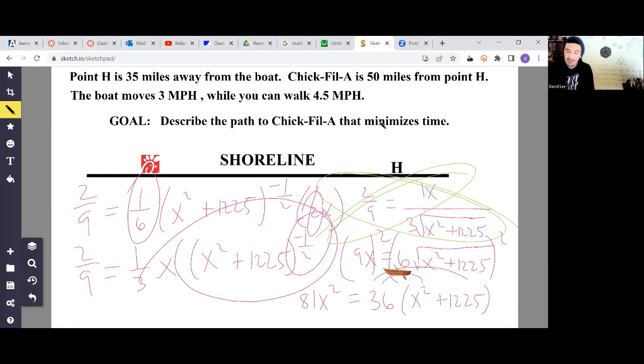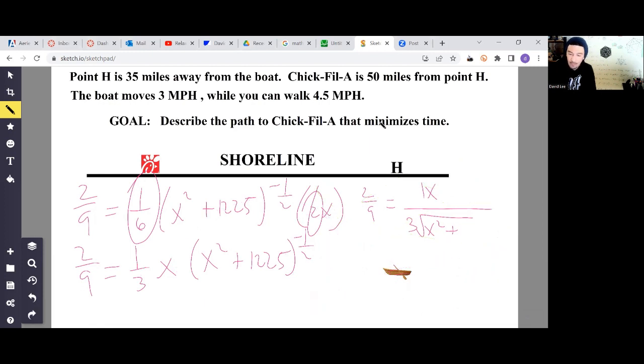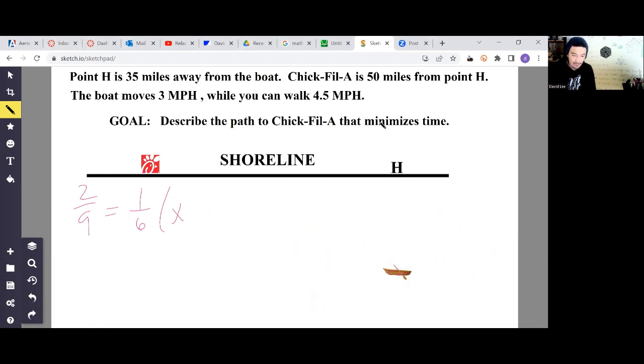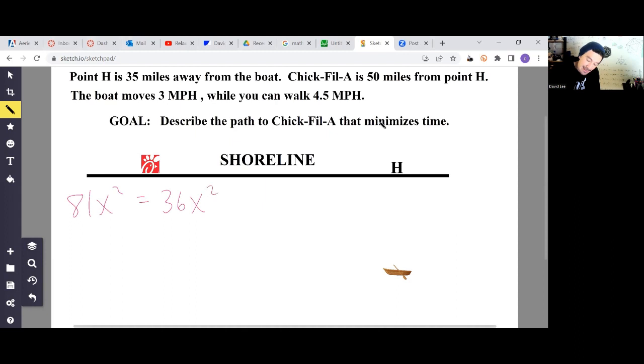And we can distribute the 36. And so let's see. So we have 81x squared. Distribute the 36 to get this here. And we would get 44100 positive.